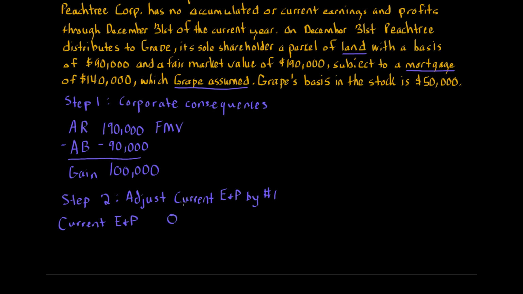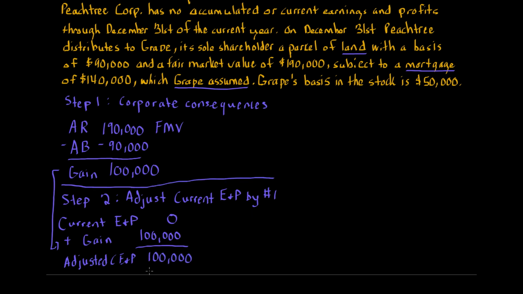What we do is we add this gain to current earnings and profits. So we add this $100,000 gain that we've just recorded, because remember, this goes on the tax return, to give us our step two adjusted current E&P of $100,000. That is how we calculate the current E&P as a result of step two to use for purposes of steps 3 and 4.